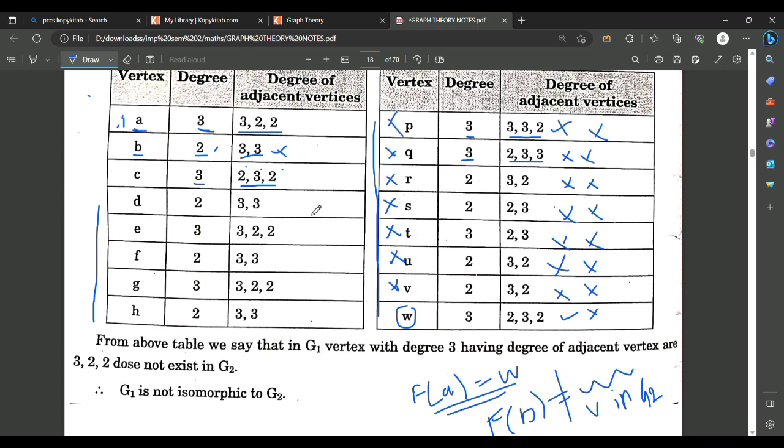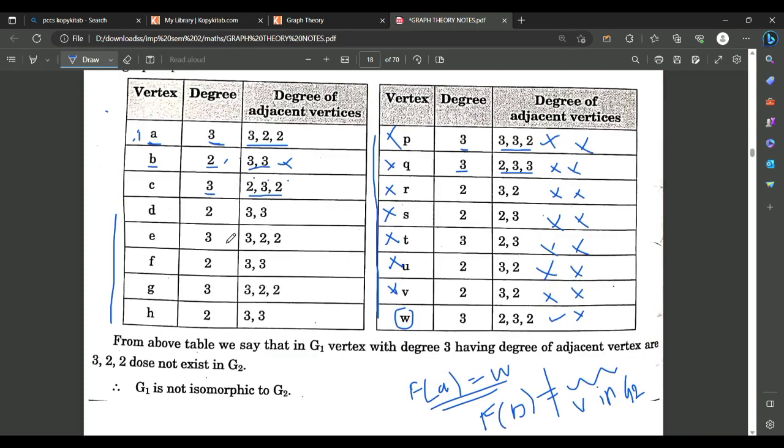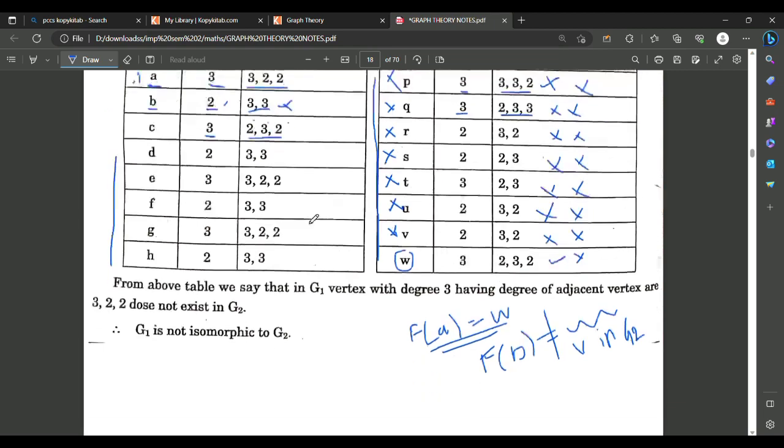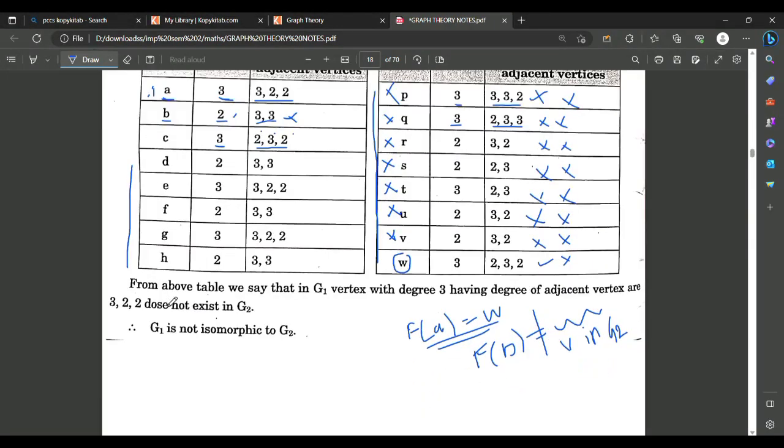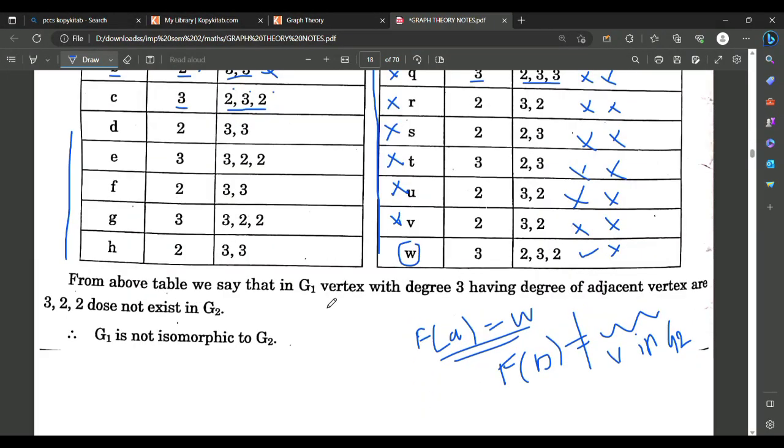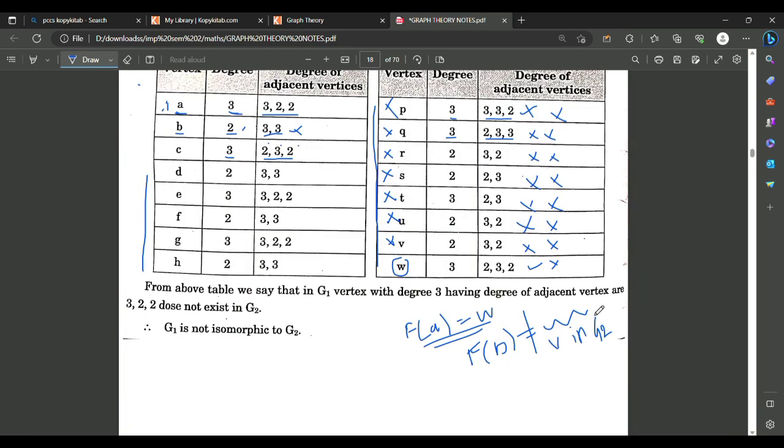Again, we can't find such a vertex with a degree 3 and adjacent vertices' degrees 2, 3, 2. Here we can write from the above table that in G1 a vertex with degree 3 having adjacent vertices of degrees 3, 2, 2 does not exist in G2.